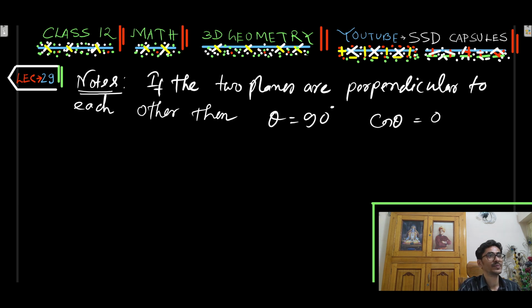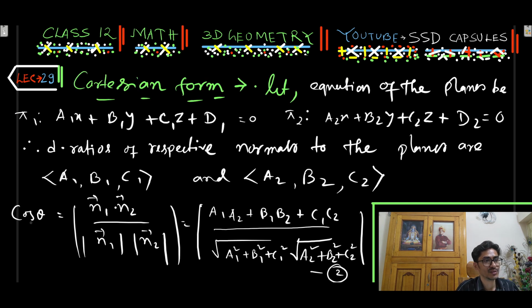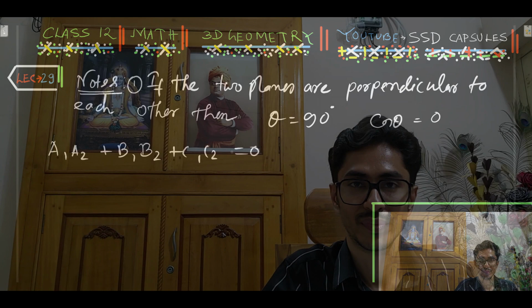So here see previous page, cos 90 equal to 0. Then if we put here cos 90 equal to 0, then from this relation we can easily tell a1 a2 plus b1 b2 plus c1 c2 equal to 0.